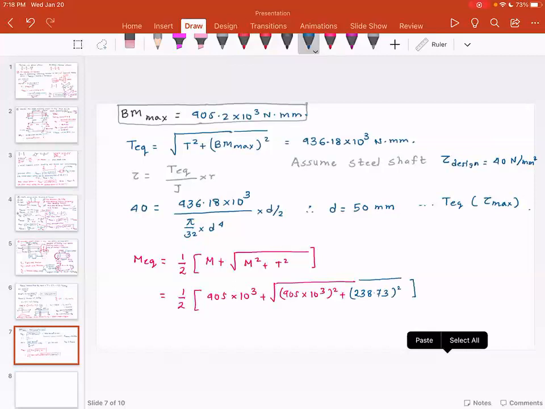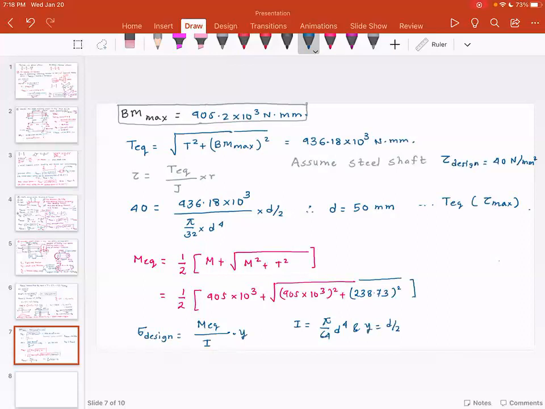And what we can do is find out sigma design, which is equal to MEQ divided by I multiplied by Y, where the value of I is pi by 64 d to the power 4 and y is equal to d by 2.